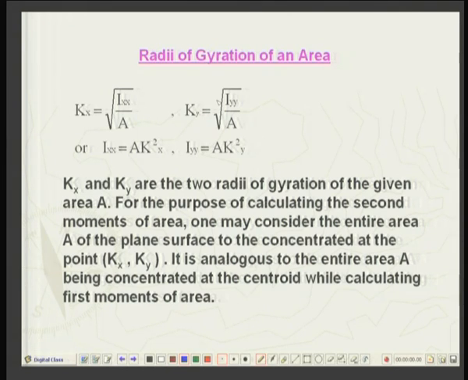Alternatively, I can write that Ixx, the second moment about the x axis, is the total area times the radius of gyration about the x axis, kx whole square. Similarly, Iyy will be A into ky square.